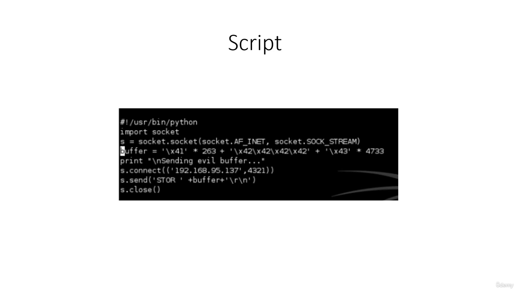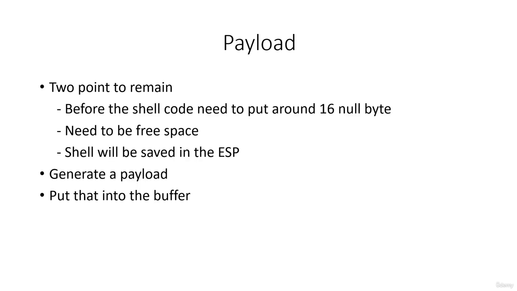A payload can be obtained in different ways, but we have a very good tool in Backtrack, actually, that allows us to generate a payload. It will be written in the ESP part.